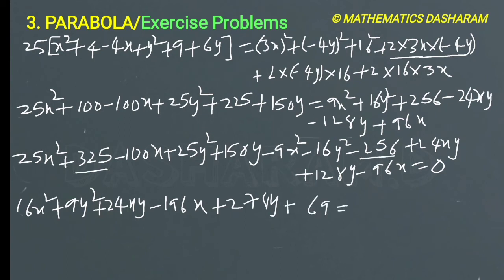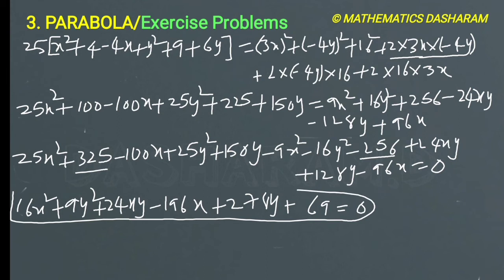It is equals to 0. So this is our required equation of a parabola.